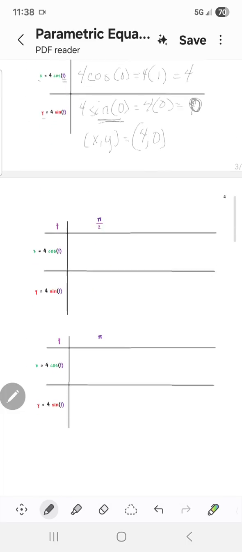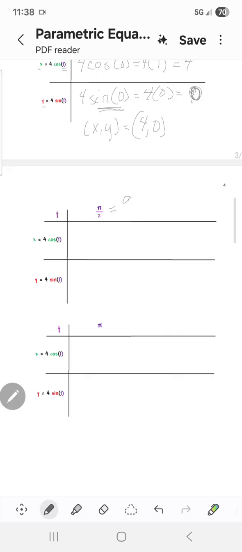Okay, let's do 90. Right, pi over 2 is 90 degrees. And the ordered pair at 90 degrees, let's just go ahead and write it, it's going to be 0, 1. Right, if you go back to the unit circle. So I've got 4 cosine t, but t is pi over 2, which is 4 times cosine, the x.